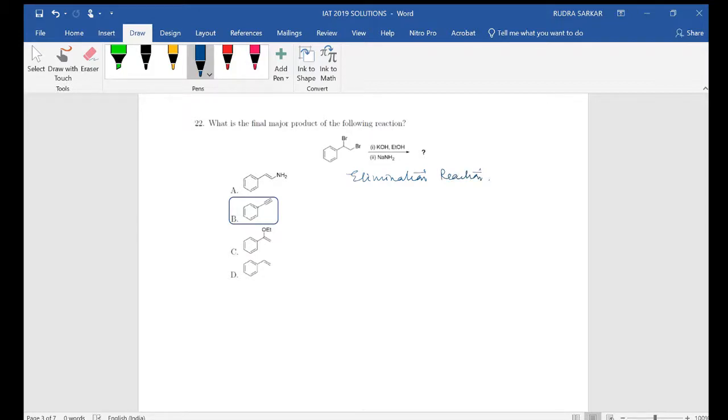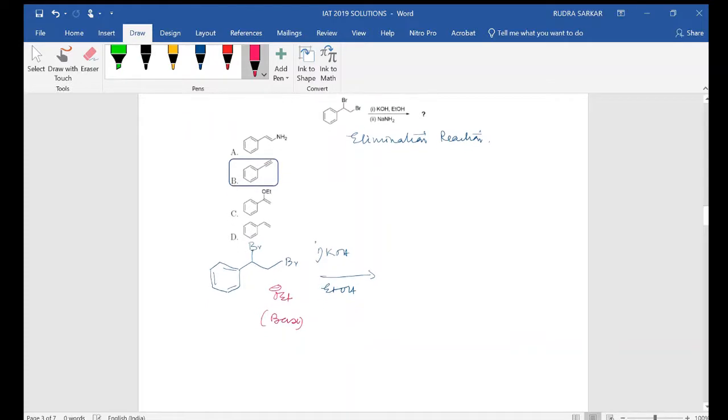Initially we have the benzene, suppose like that, and now you have used the first reagent, that is KOH in presence of OEt. So this OEt will be acting as a base, and it will take up one of the acidic protons.